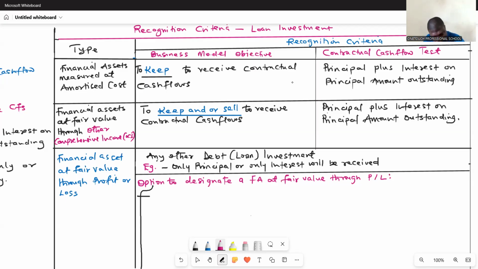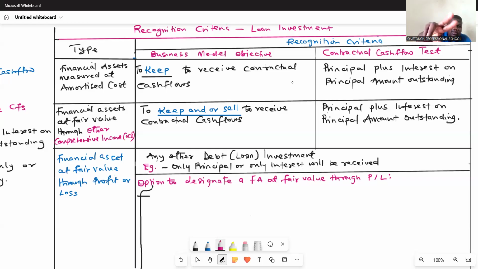So meaning that if classifying the financial assets at fair value through profit or loss is not because of accounting inconsistency, you can't do that? No, you can.